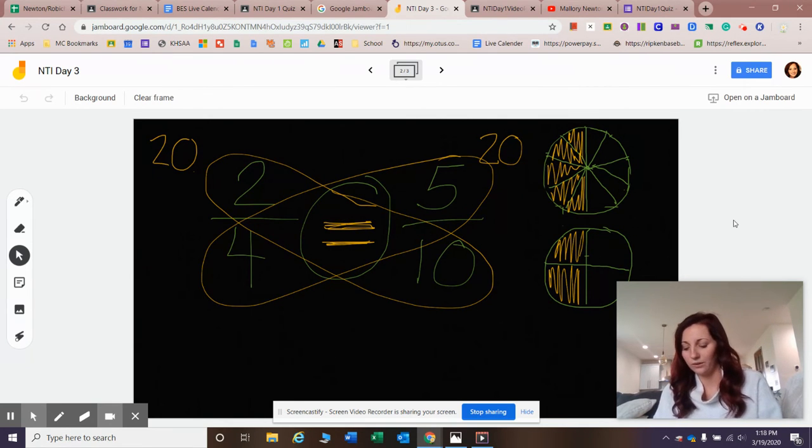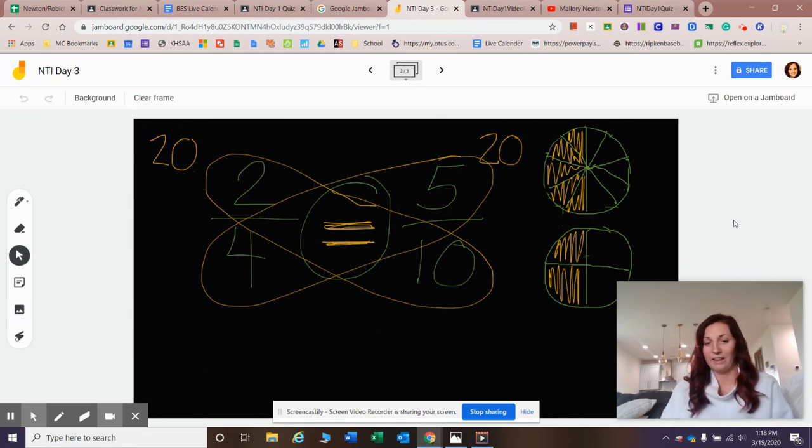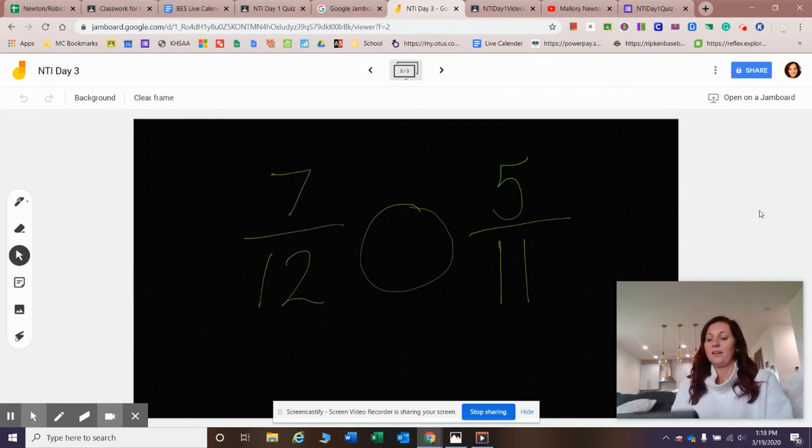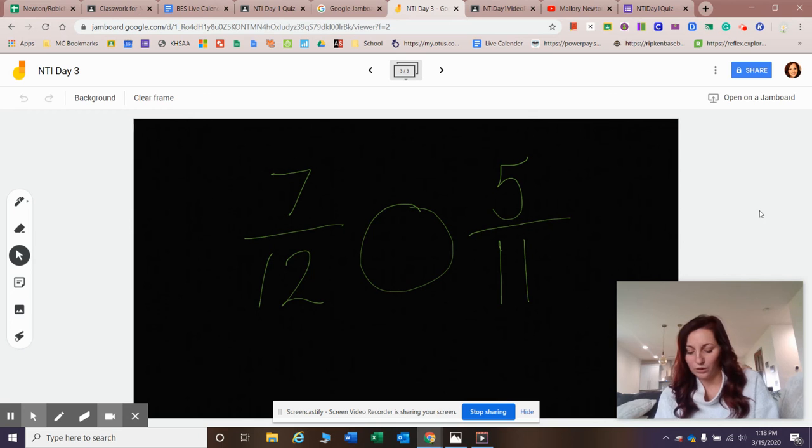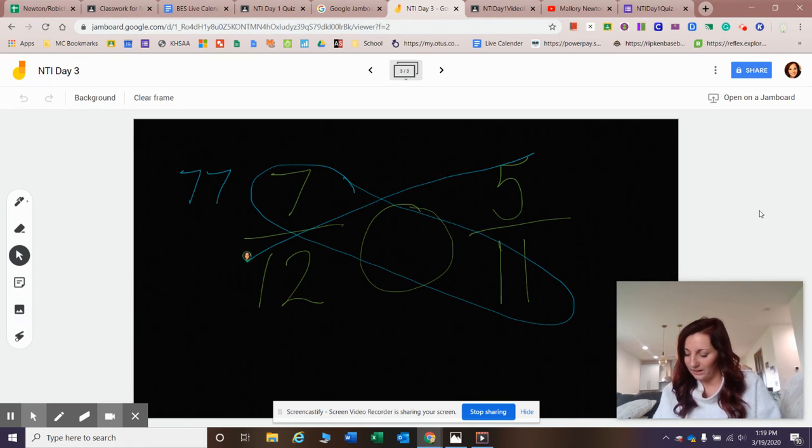All right, last example. I've got 7/12 compared to 5/11. Just looking at these fractions, they're going to be close. I'm going to go ahead and do cross multiplication for the amount of time that we have. So we've got 7 times 11 is 77, and 5 times 12 is 60.